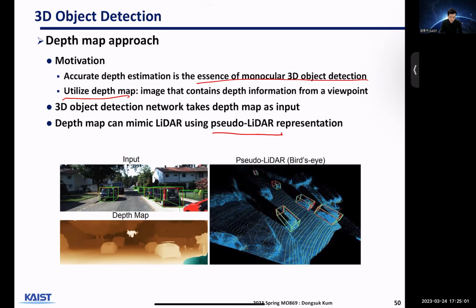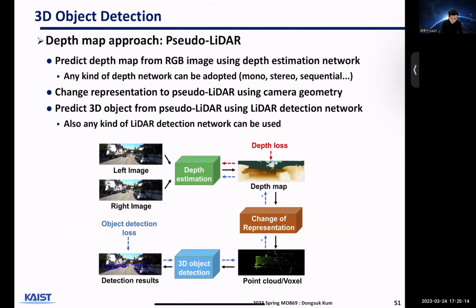Instead, we are putting in pseudo-LiDAR point clouds made using a depth map network. So that's called pseudo-LiDAR. The working principle of pseudo-LiDAR is described here. First, it predicts a depth map using a depth estimation network.